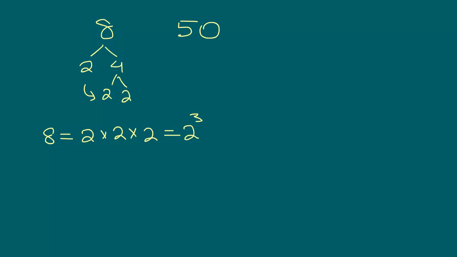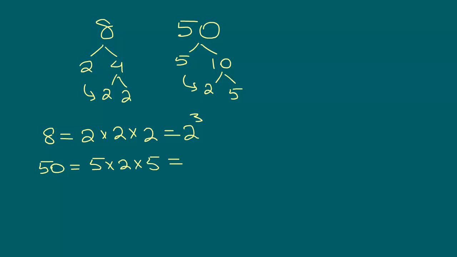What about 50? We can write 50 as 5 times 10, and 10 as 2 times 5. So 50 is 5 times 2 times 5, or 2 times 5 squared.